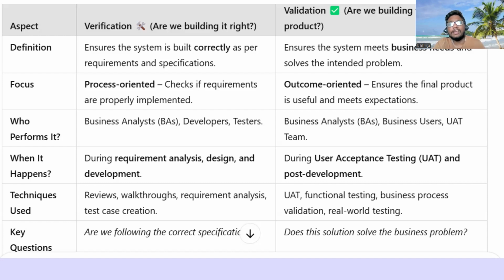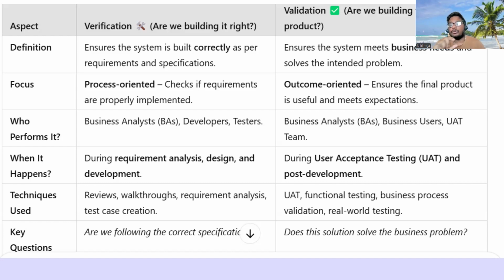Verification stands for: are we building the product right? It concentrates more on the technical perspective. Is the product being built in the right manner or not? We are building the product in the right way or not. But coming to validation, it concentrates on: are we building the right product?